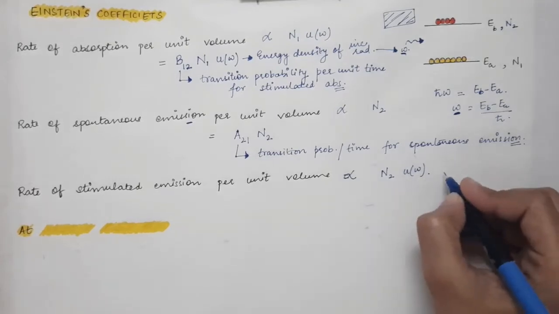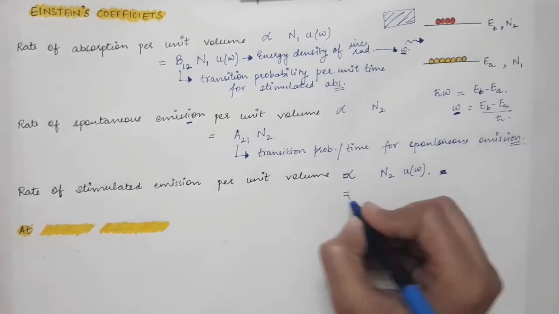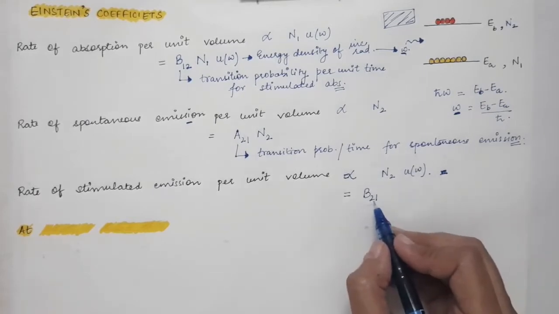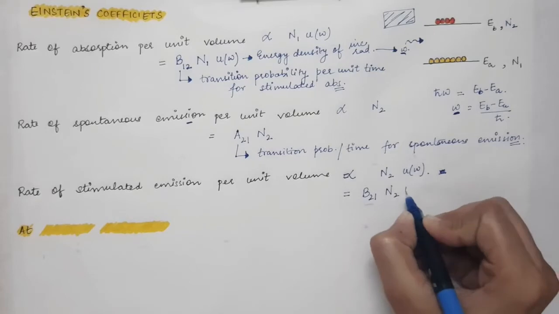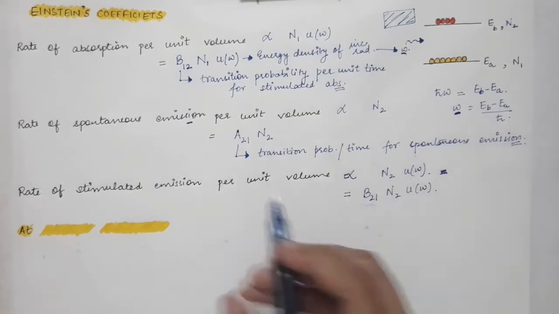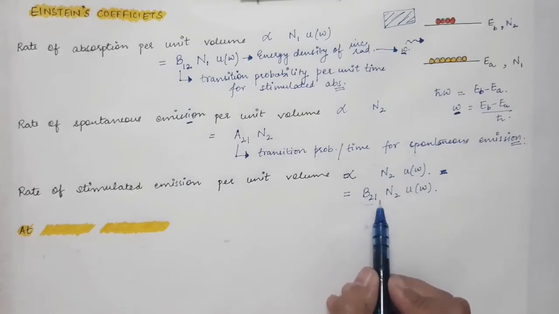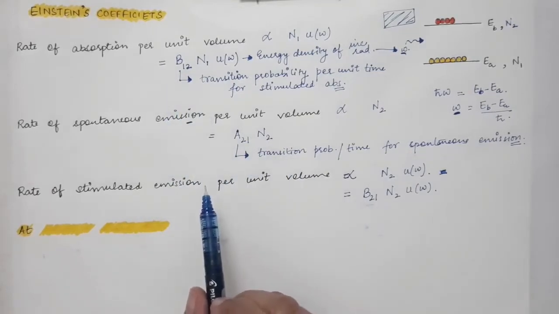So we will remove this proportionality sign and write it as B21. B21, because the transition is occurring from the second level to the first level, and the other factors will remain as they are. So these three coefficients, B12, A21 and B21, are termed Einstein's coefficients.